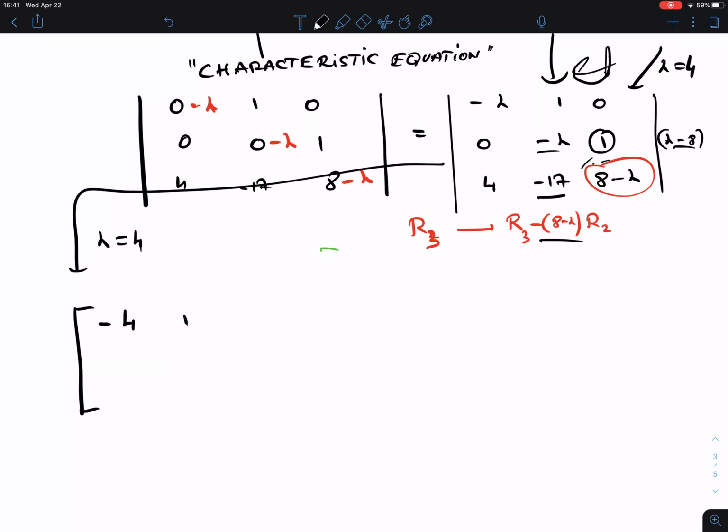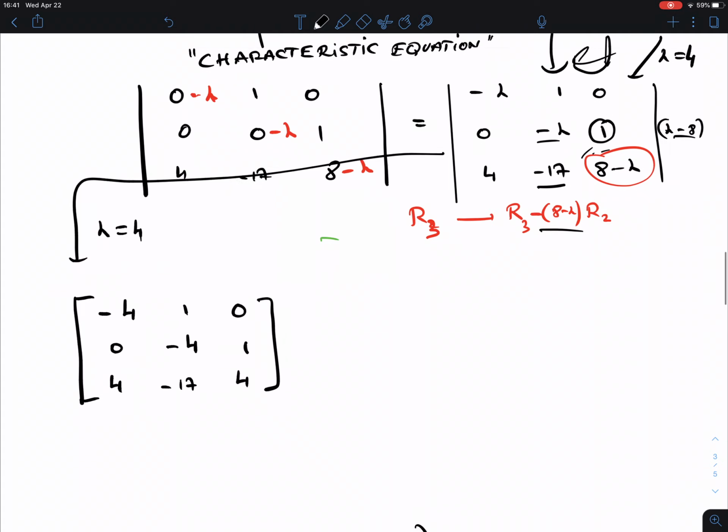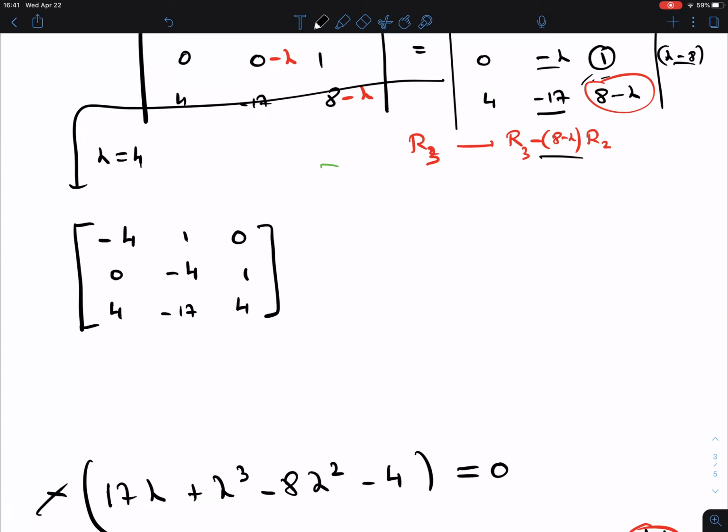Minus 4, 1, 0, 0, negative 4, 1, 4, negative 17, and 8 minus 4 is 4. And now we're going to have to reduce this matrix. Unfortunately, as I said, it's not a great example that they gave us here. But it's good to once in a while see. I promise you get better examples.